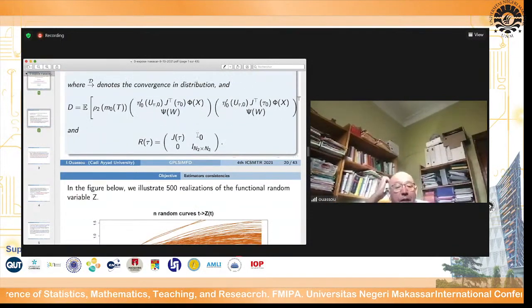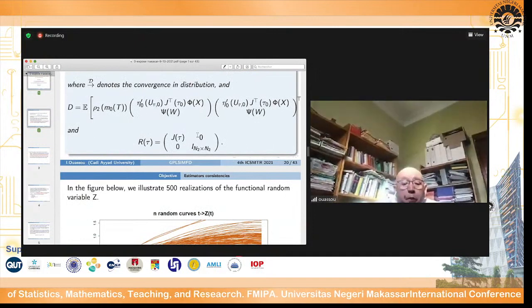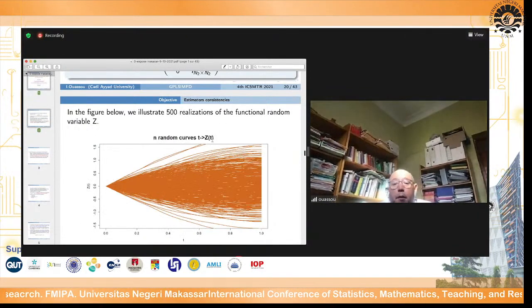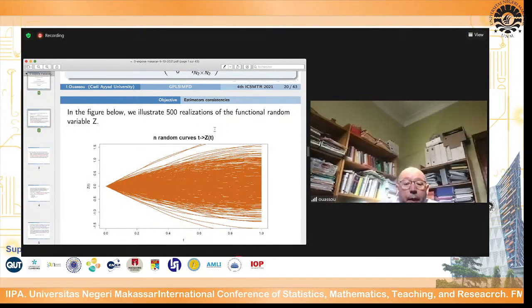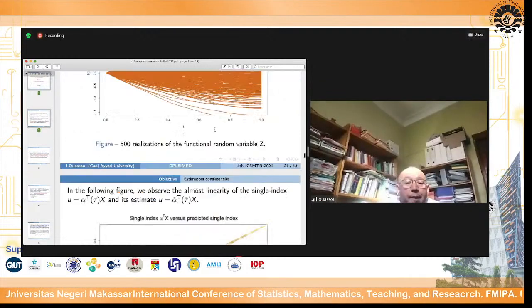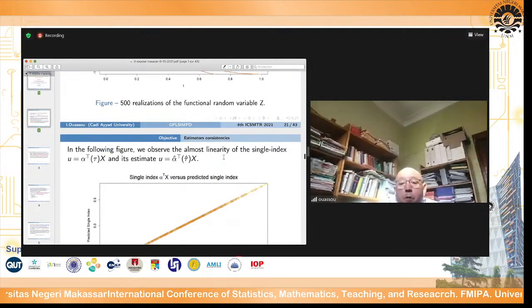Now, we give some examples of the function Z in the figure below. We illustrate 500 realizations of a random function Z, which can have the form here. The Z is a functional. Here we have functional data, in the form of Z. And we also give the observation, the almost linearity of the single index here.